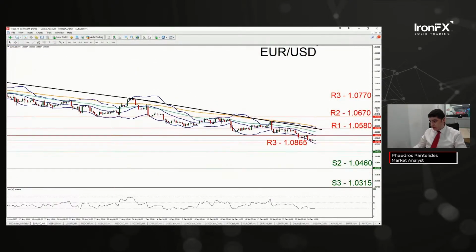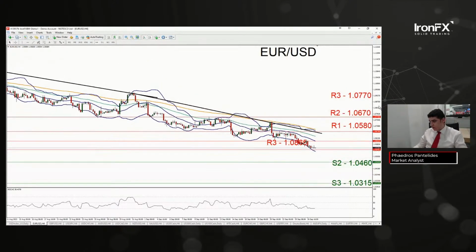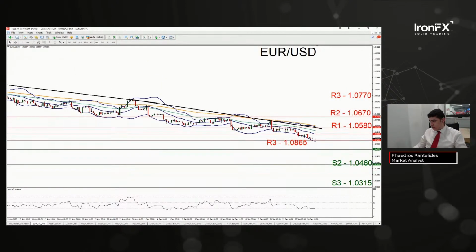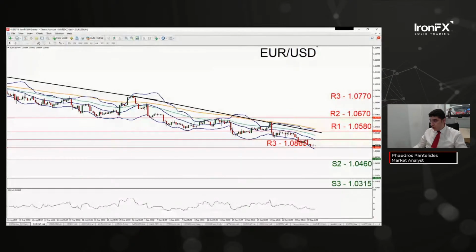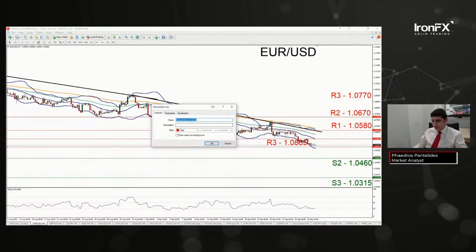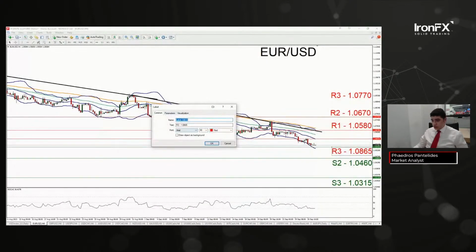It does not mean that the place we had mentioned before is not a support level in itself, but simply a support level I'd rather ignore at this point in time. So this is S1, 1.0545, and then we're switching R3 to S1.